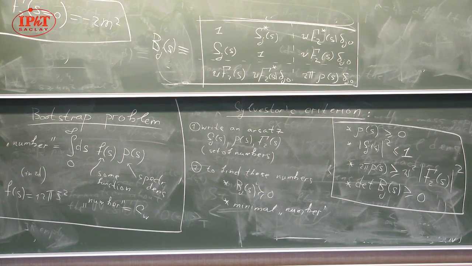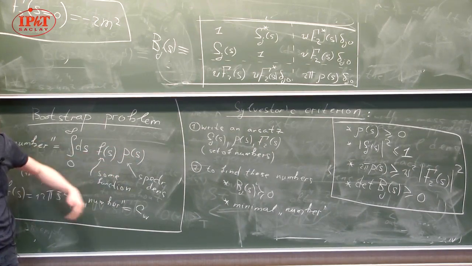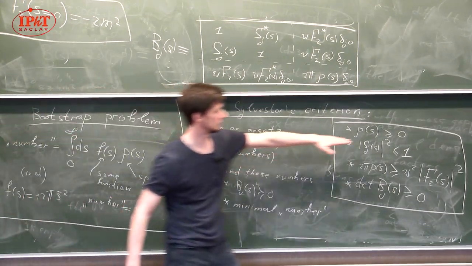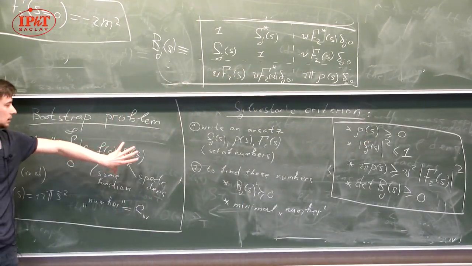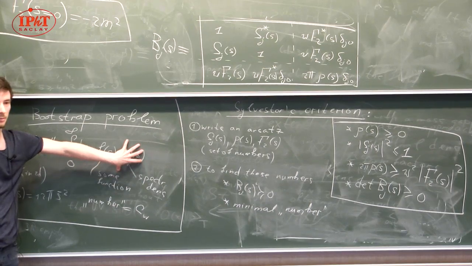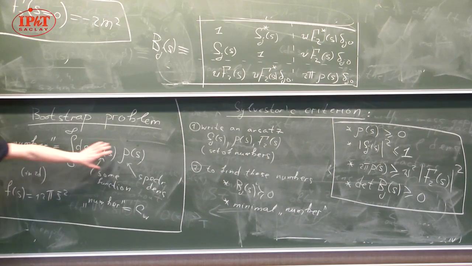Now, if I look for the minimal value of this integral, what can happen? That all the coefficients will be set to 0. The spectral density cannot be negative because of this condition. So the most optimal thing to do for the numerical tools would be just to set this object to 0, and you get the 0 central charge. Okay? And that's the problem.